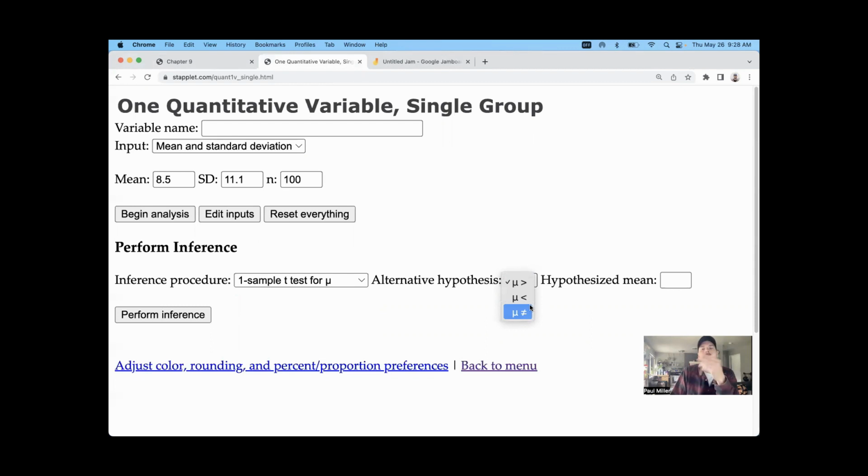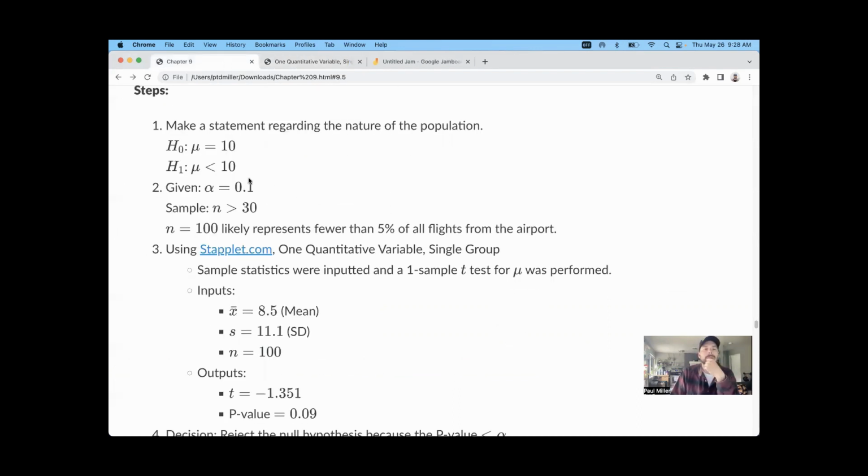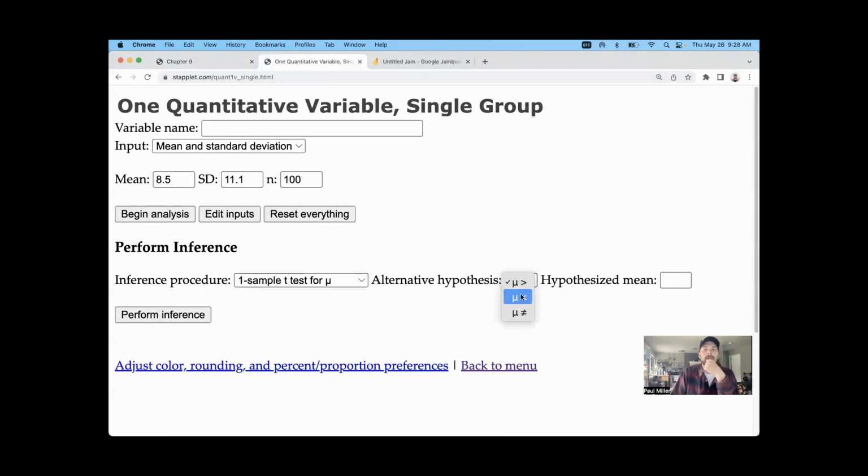If it's a two-tail, we look at that area and double it. So it's all happening within the system, but we have to tell it what kind of test we're doing to make sure that it does the right calculation. So this is a left-tailed test from that less than sign, and it was hypothesized that the mean was less than 10.